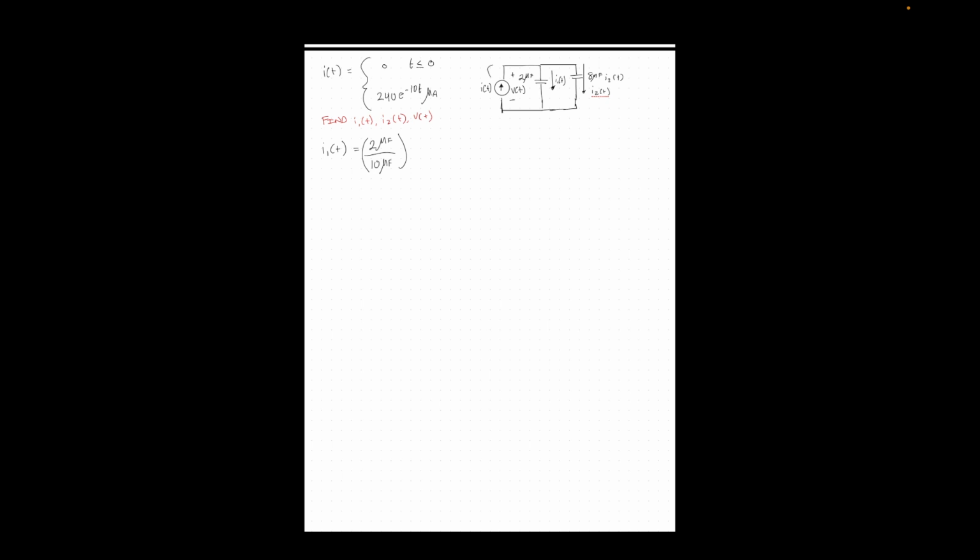That is going to be my incoming current into this circuit. And like I've said before with current division, the current is coming in and it's being split. This is the original current, so we want to take a portion of the incoming. So the portion of the incoming current is going to be 240 e to the minus 10t microamp.